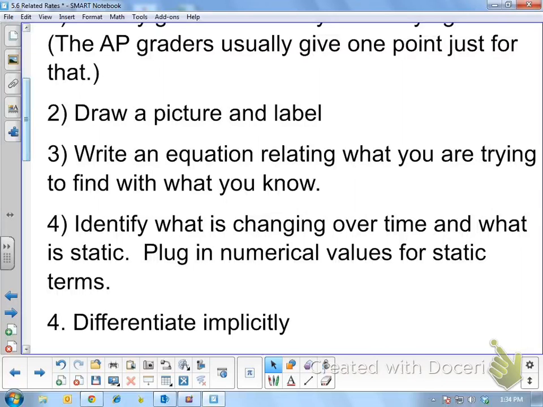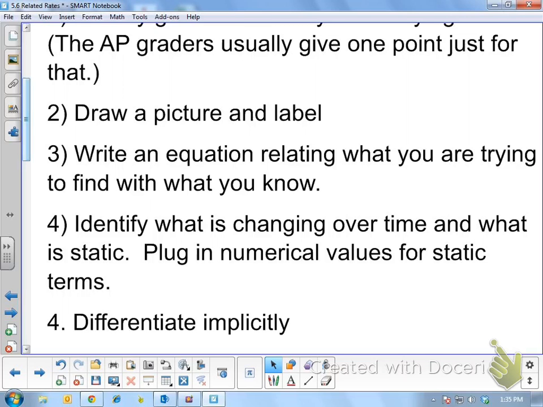Maybe it's a cylinder or a sphere or some sort of area or perimeter. They usually do geometric ones. It doesn't have to be, though. You can do a trigonometric one. They use those quite often. Pythagorean theorem ones are used quite often. It doesn't necessarily have to be those things. Those are just the more common related rates you see.